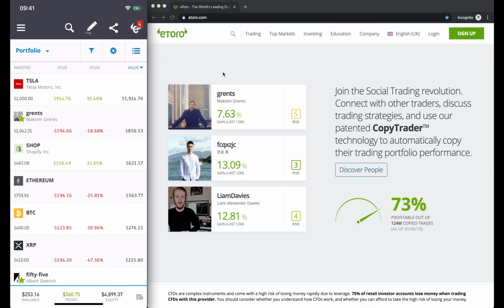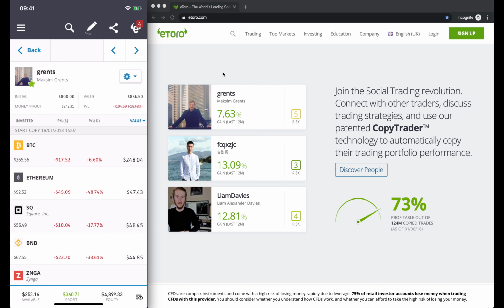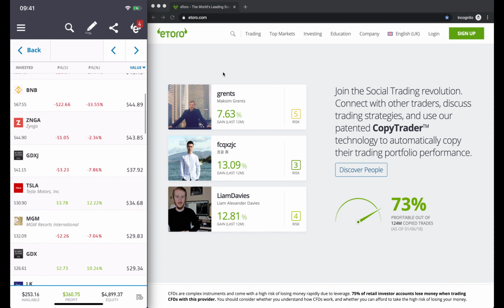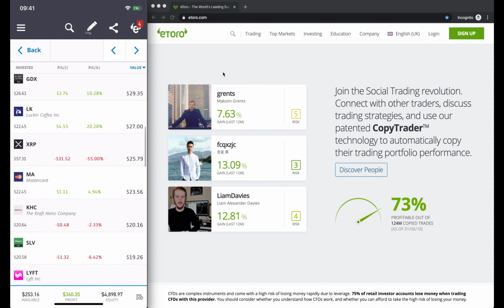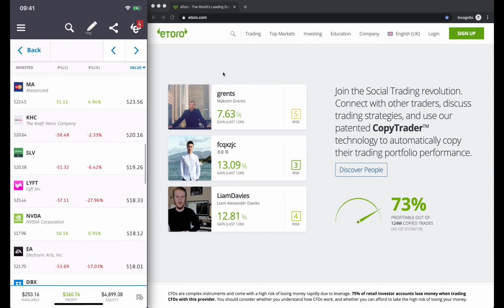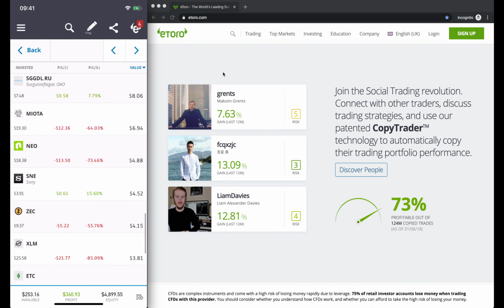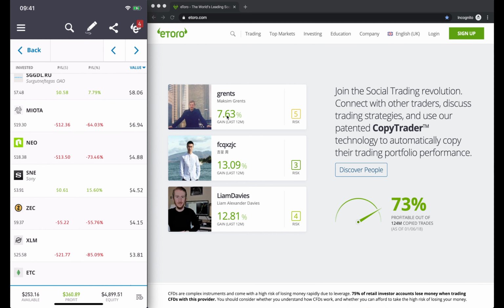If we zoom in a little bit more, I believe his name is Grant, we can see all the different stocks and shares that this individual has allocated my money into, and overall this account has been performing really badly. Contrasting to the metrics we're seeing on the screen, I'm definitely not seeing those same results.